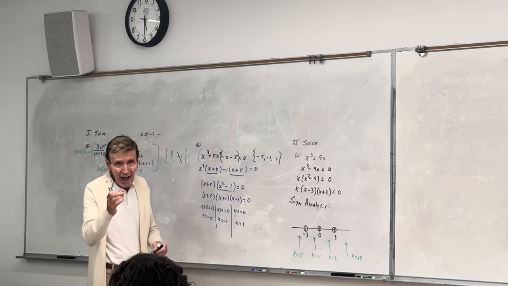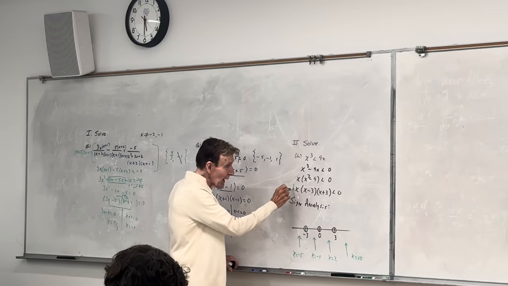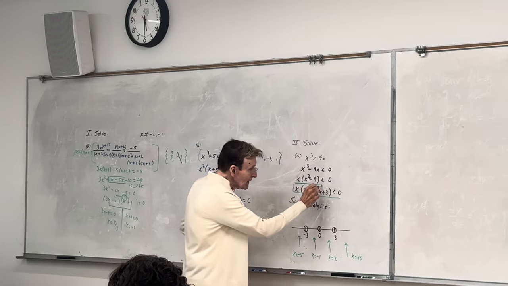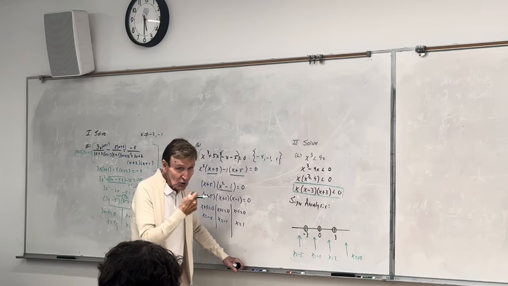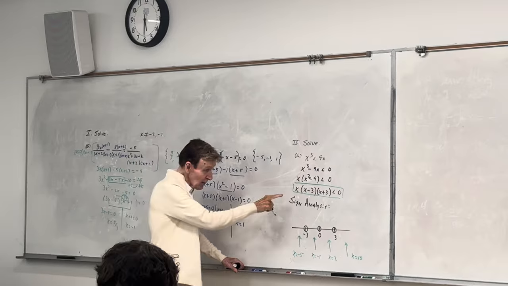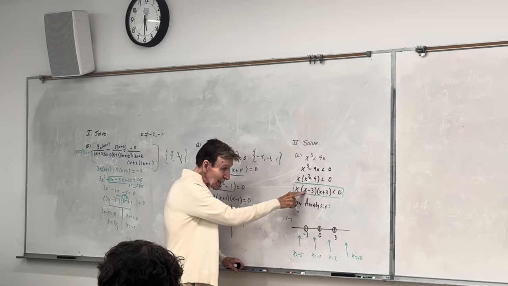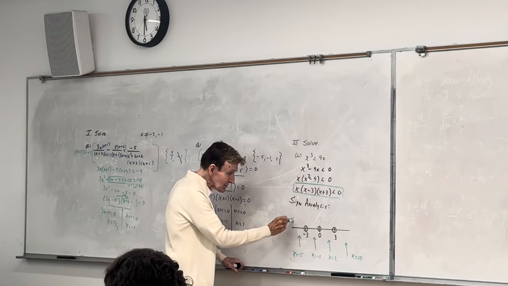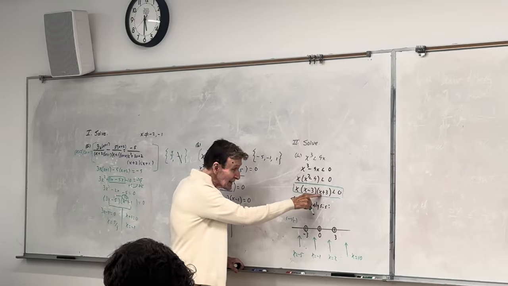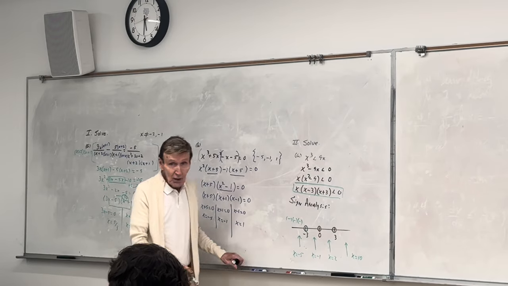Sign analysis. I'm just concerned about the signs. I'm going to go back and replace those x's with my chosen numbers. Just a sign, that's all I'm concerned about. If I replace x by -5, of course that's negative. -5 subtract 3 is -8. Negative 5 plus 3 is another negative, negative 2. They're all negatives.